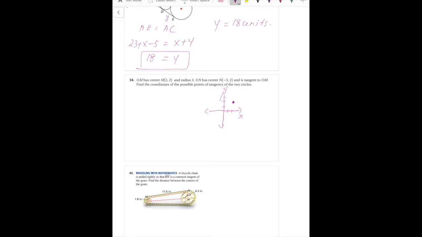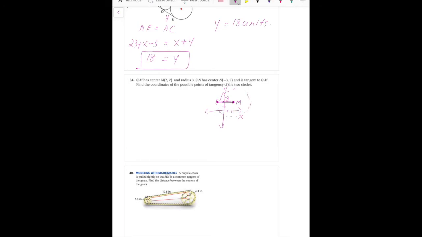And radius 3. Radius 3 means it's going to be 1, 2, and one more. So that is like a circle. This is the center M, and this is the radius, 3 units. That's the first circle.